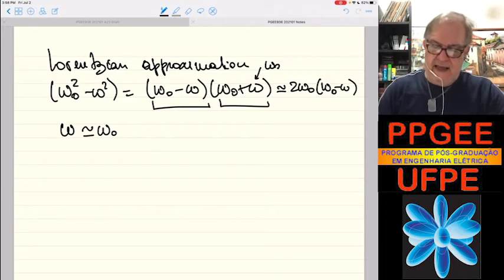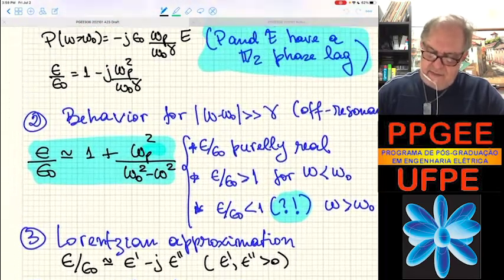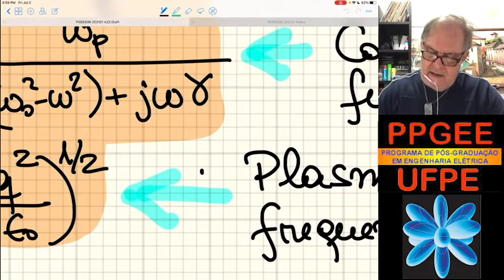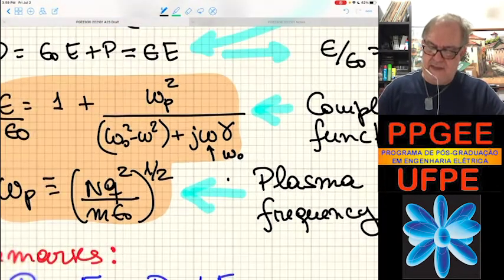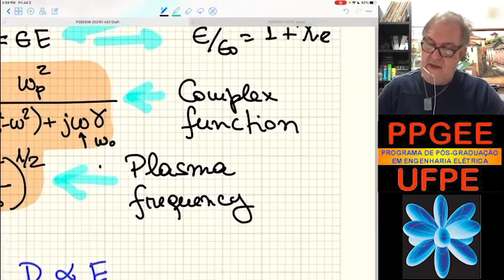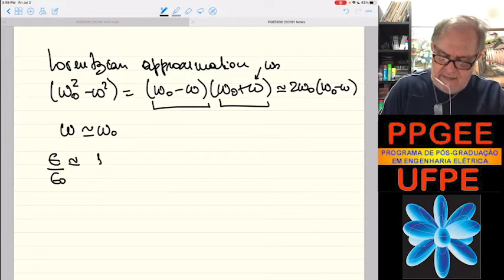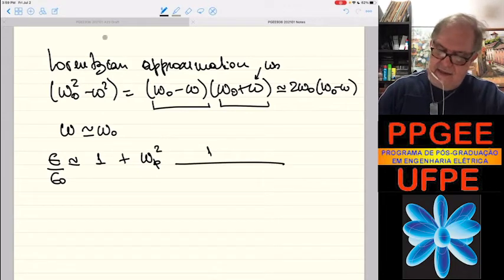And also in the other factor here, let's go back to the original expression. Here we make omega approximately equal to omega 0. So then we're going to have epsilon relative approximately 1 plus omega p squared times 1 divided by, then this term here is going to become that.